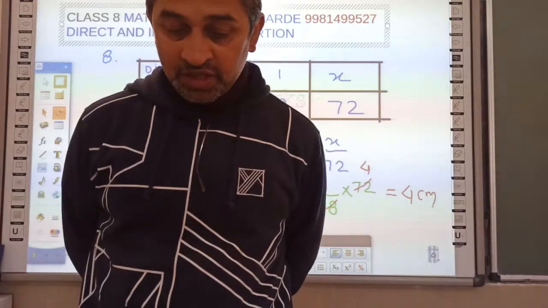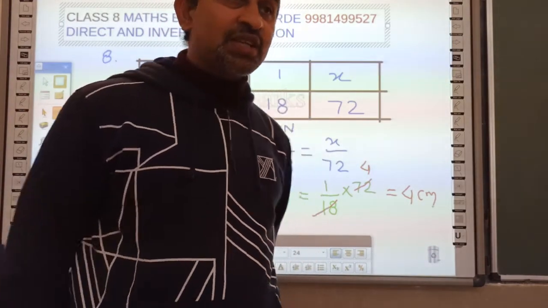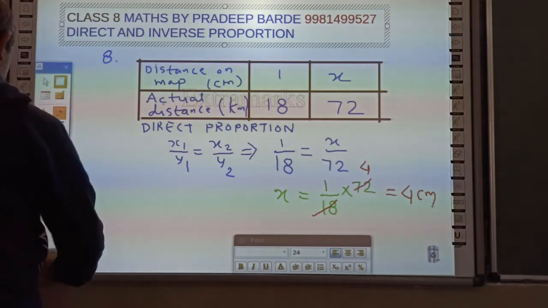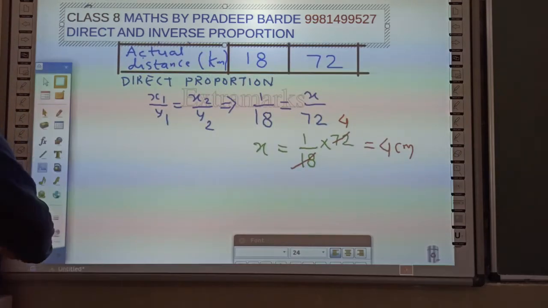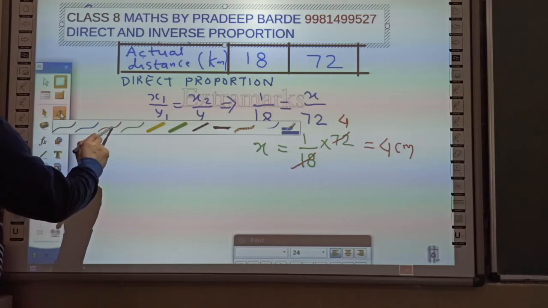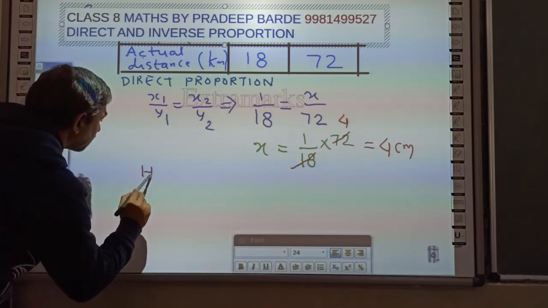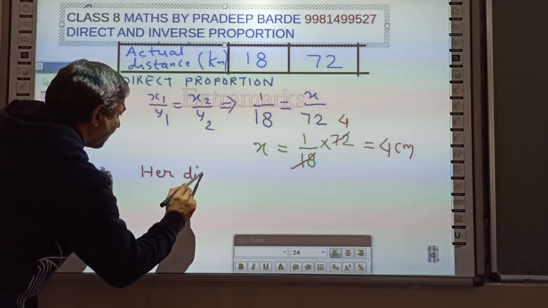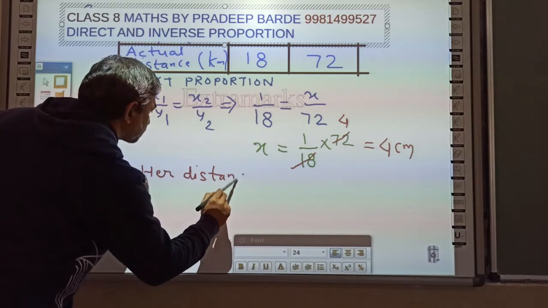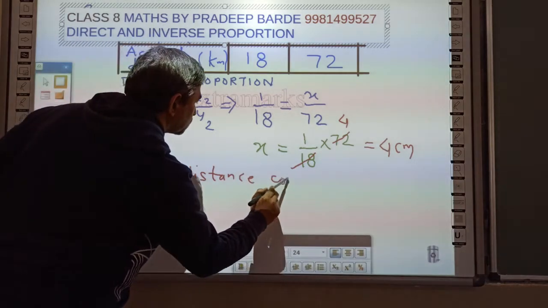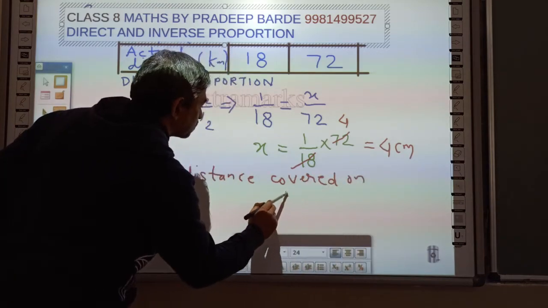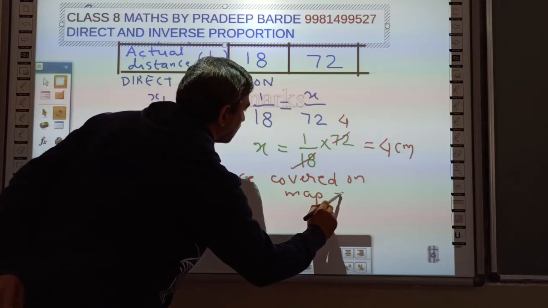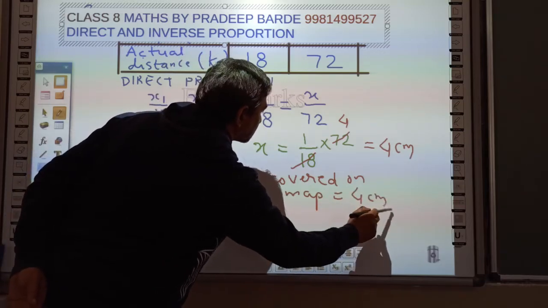So we'll write the final answer. Her distance covered on the map is equal to 4 centimeters.